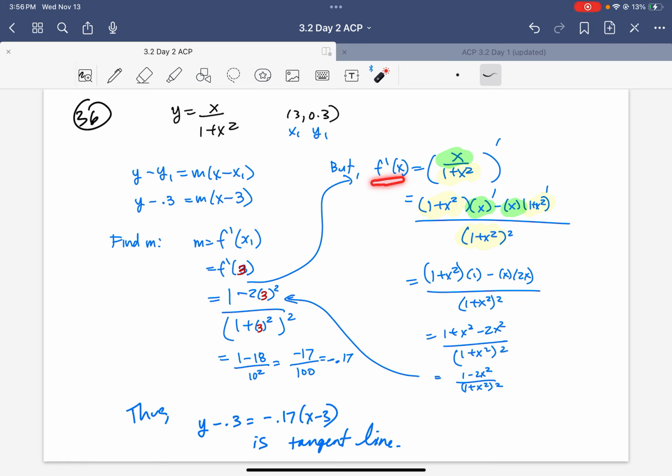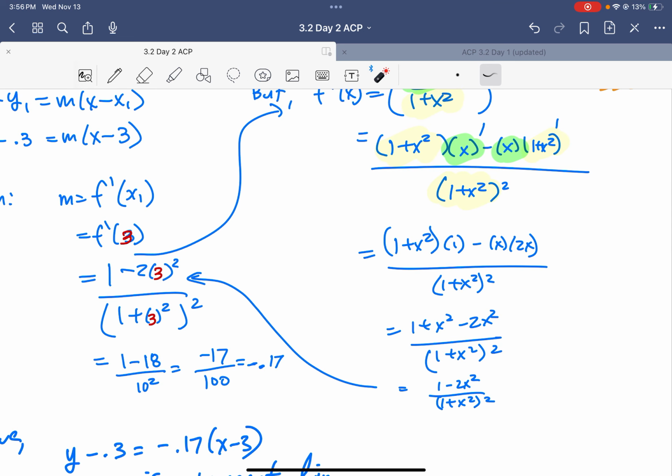I say that the derivative is just the derivative of this, but the form of this thing is stuff divided by stuff, a function divided by a function. So I do low d high minus high d low over low squared. The derivative of this is 1, and the derivative of that is 2x. So then on top what I have is negative 2x squared, and 1x squared is negative 2x squared.